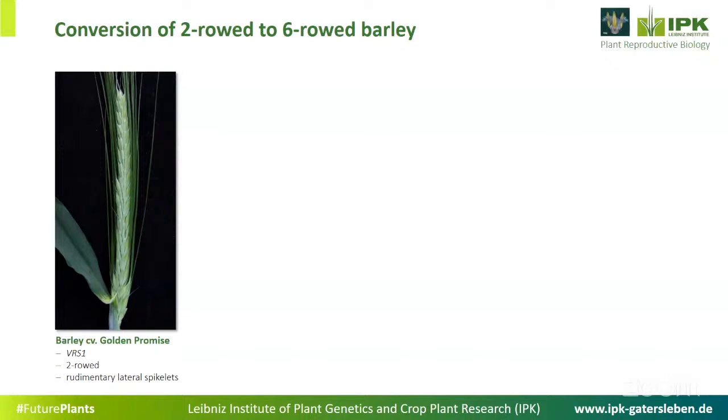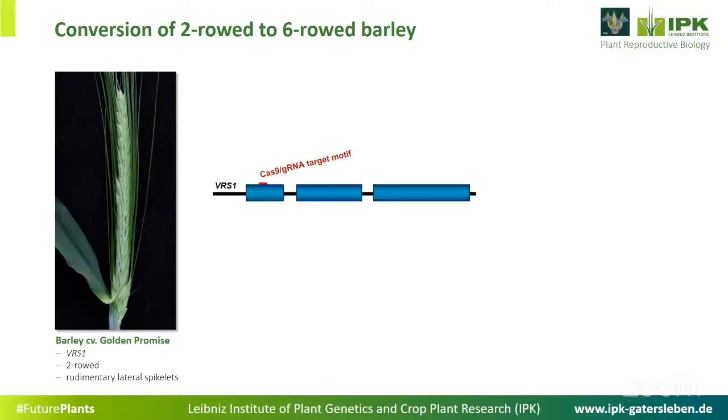In the foreground, you can maybe imagine that there are these rudimentary spikelets. So, and what we did is we had a look at this gene and we selected an appropriate target motif where the gene can be mutated. And we transformed this Golden Promise with the construct.